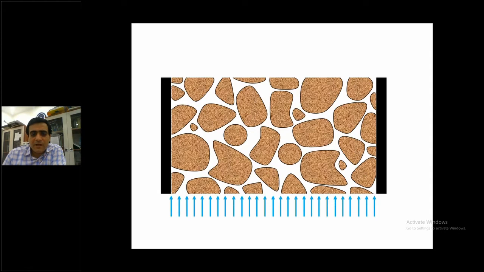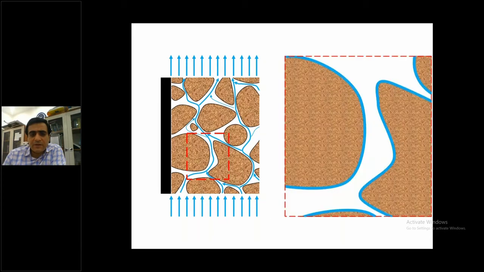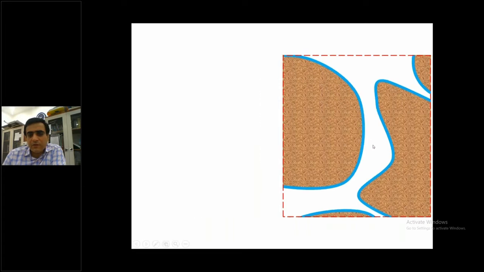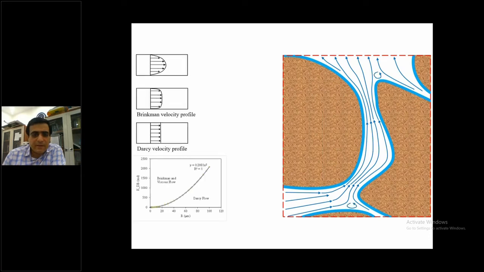You can see here a schematic of the flow in porous media, and there are some differences between flow in porous media and the bulk of fluid. The wall of the pore throat and the thickness of the pore throat are dominating factors in determining the flow regime. We need to understand these differences from Darcy to Brinkman or even to the viscous flow. You can see here some of the preliminary results.